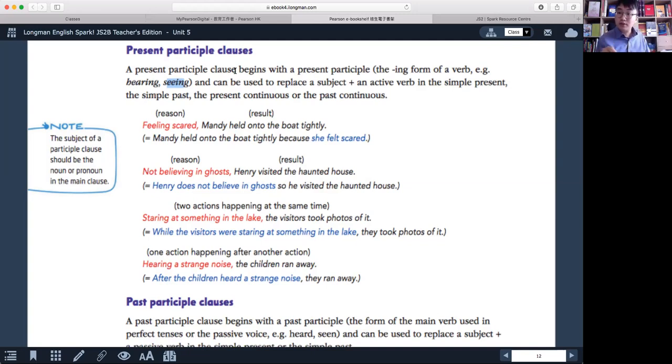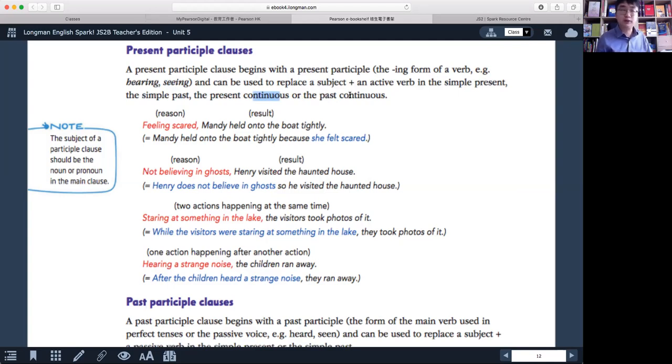And when do we use it? We use it to replace a subject and an active verb, in simple present tense, simple past tense, present continuous tense, and also past continuous tense.